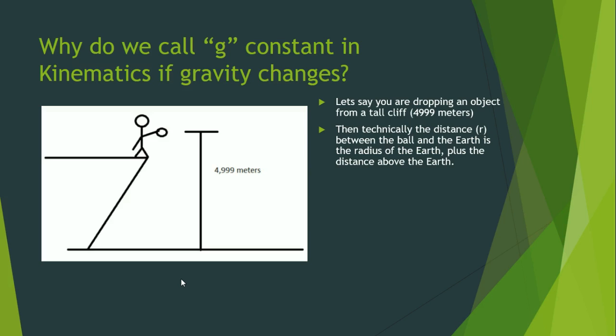So we have to count from the center of the Earth to the center of the ball. And so the radius is technically the radius of the Earth, which is right here, plus the 4,999 meters.